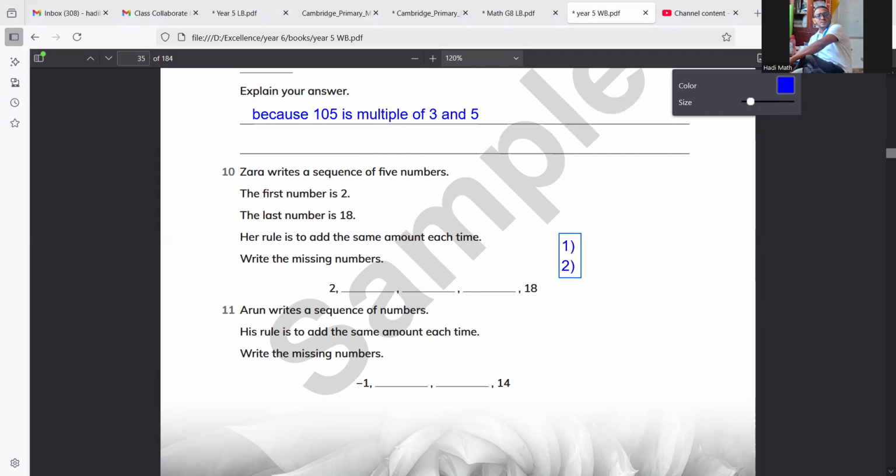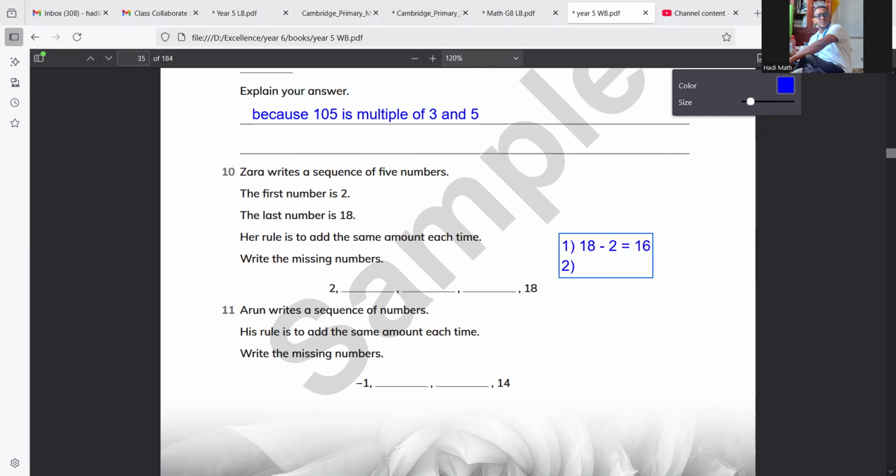Step number 1, you subtract the last term minus the first term. The last term 18 minus the first term 2 is equal to 16.